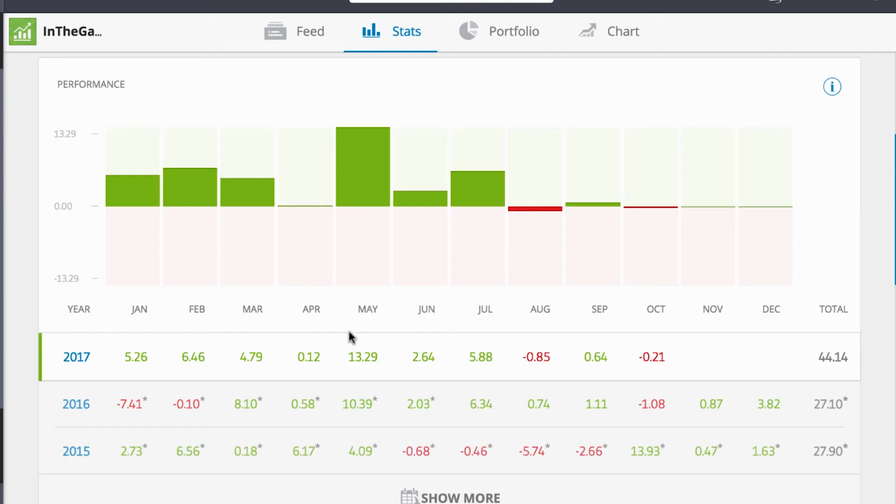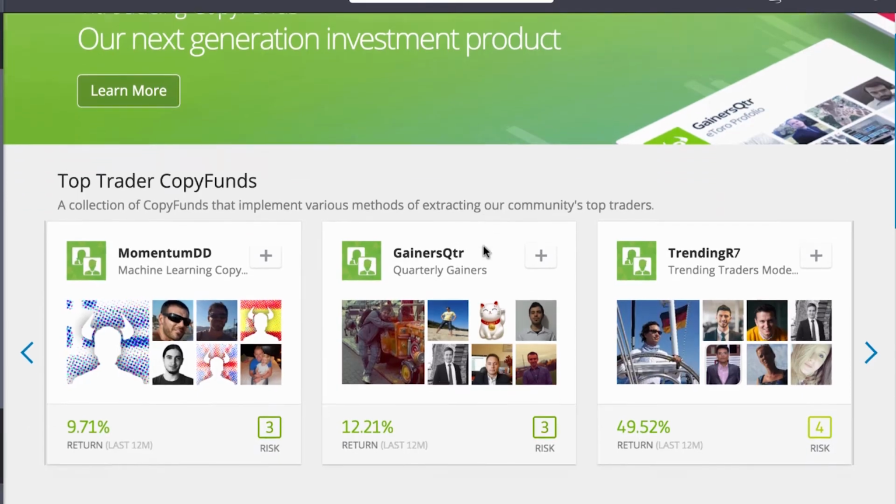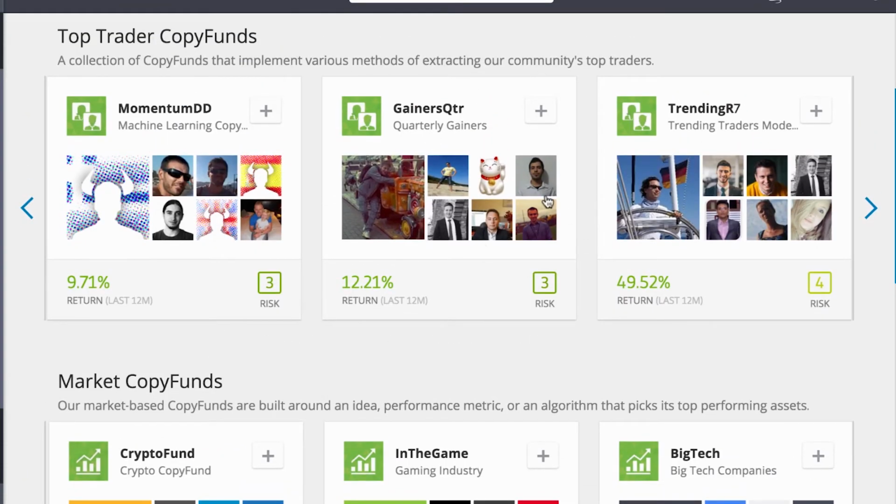The copy funds are really aimed at people who want to invest a large amount of money and who are looking for the least risky thing they can find, yeah? And who don't mind if the profits are smaller than if they invested in individual stocks or in copying people. So, I mean, that's who they're for. That's who they're aimed at. So if I go back to copy funds, these ones deal with the people.